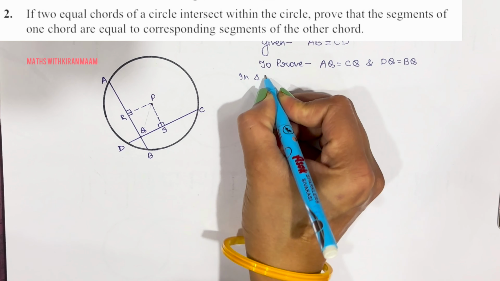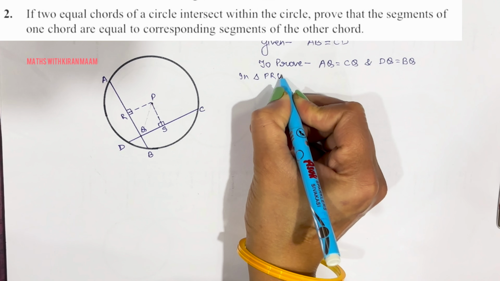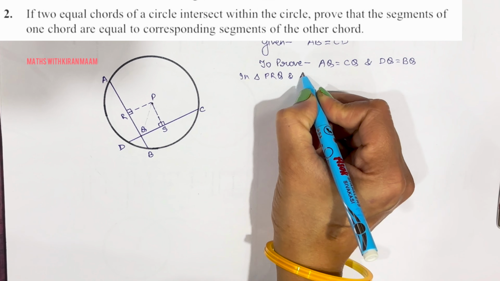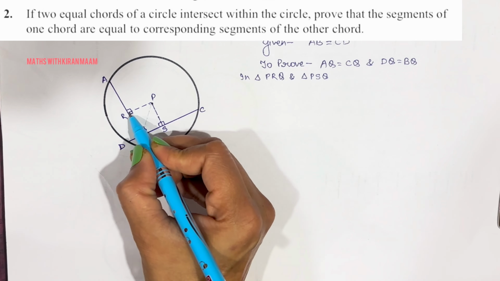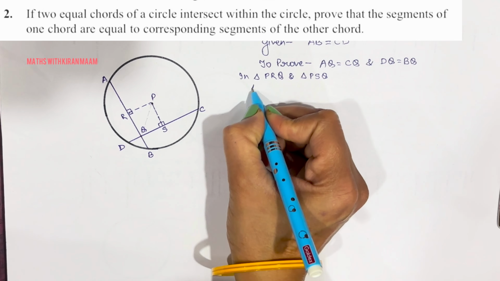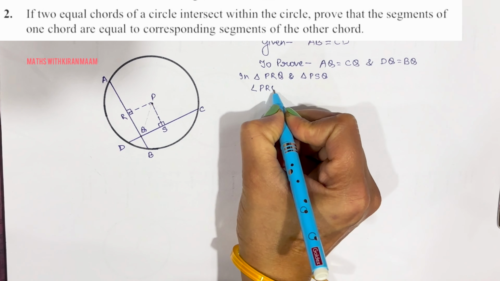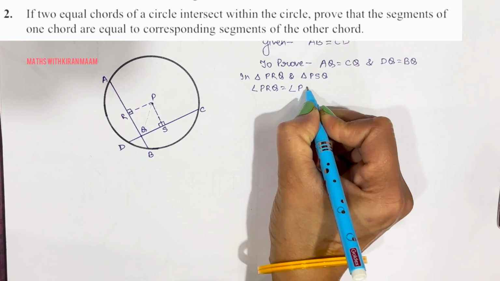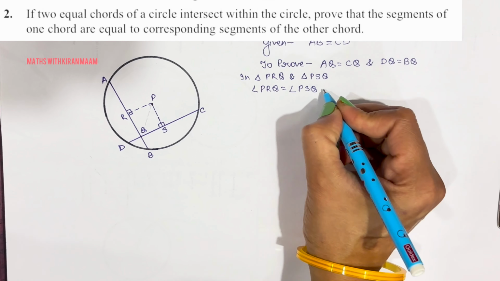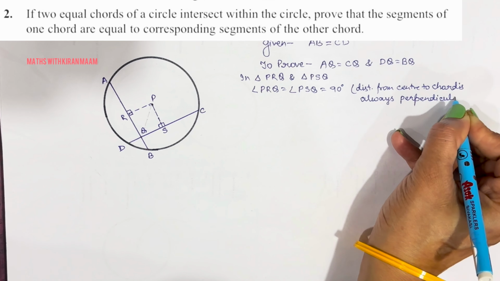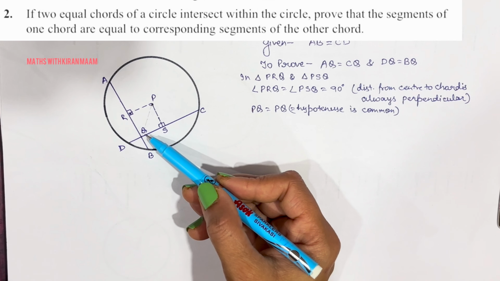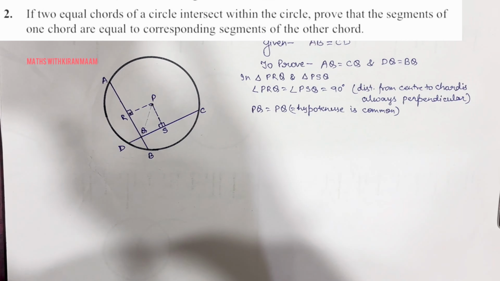Now there are two triangles here, PRQ and PSQ, and we are going to prove that they are congruent. So we know angle PRQ equals angle PSQ equals 90 degrees. Now this side PQ is common, which is the hypotenuse for both the triangles.